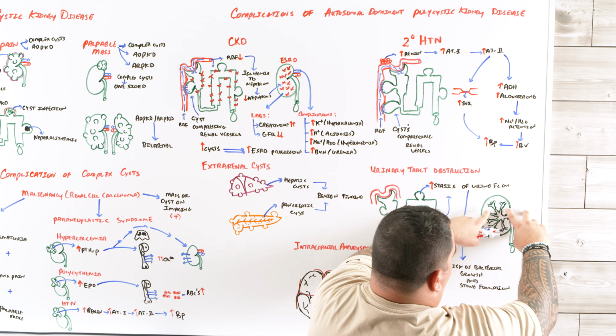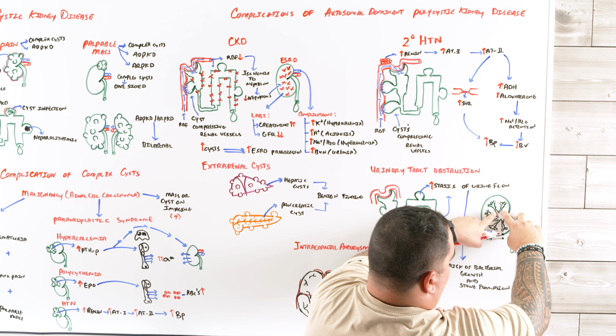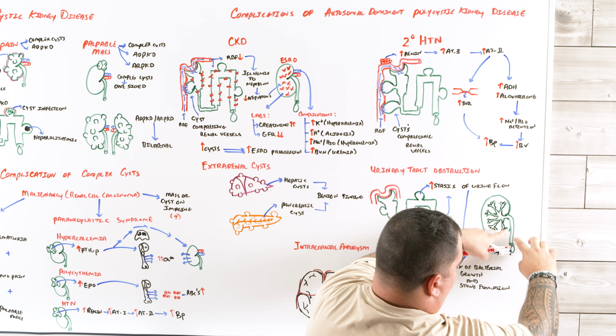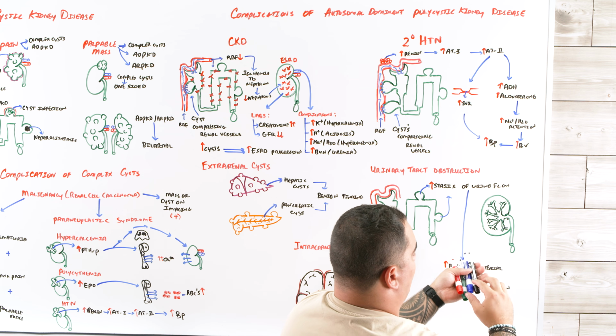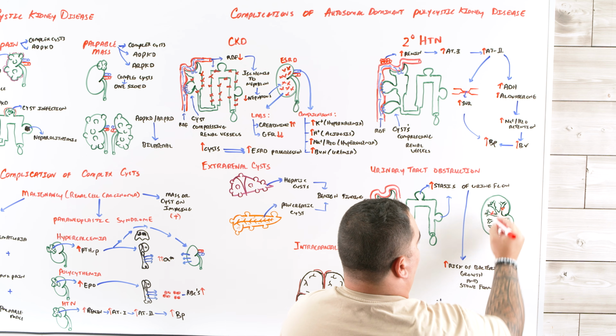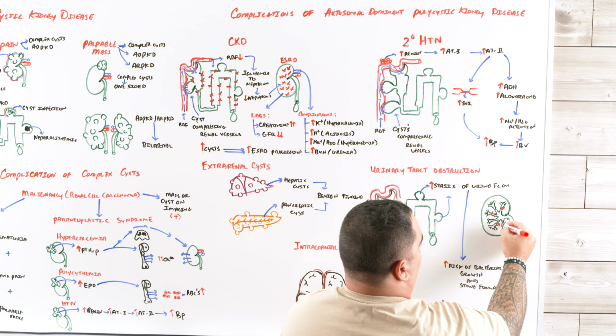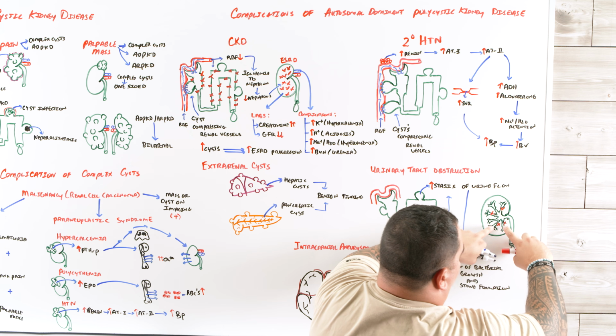I also like to think about it like this, because this is what also causes problems. Imagine here you have your kidneys, and here's all your collecting system. So you have your calyces, and then it dumps eventually into your renal pelvis and then into the ureter. These cysts grow and start compressing on things. Imagine I'm compressing on this area, and this area, and this area. As I compress on these, I can't allow urine to flow in its normal direction.